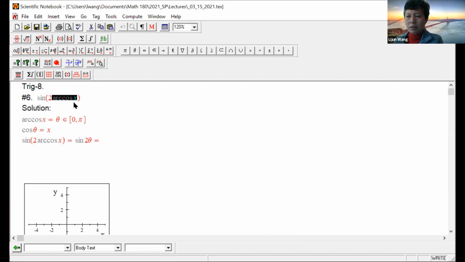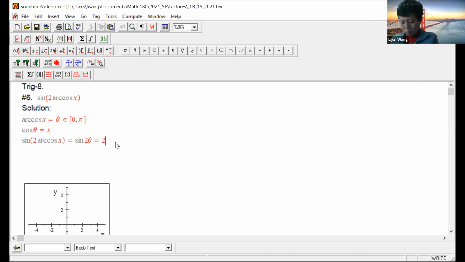Do I need to explain why this is an angle? Cosine takes an angle and produces a ratio. Arc cosine takes a ratio and produces an angle. An angle is in a specific range, the domain and range.